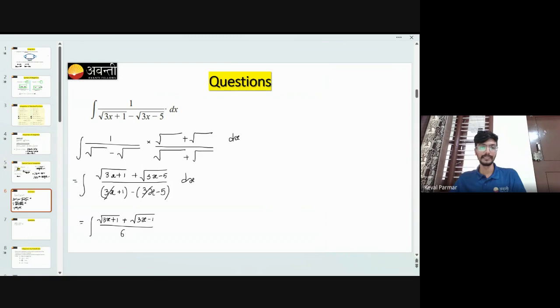And in the numerator, we will have under root of 3x plus 1 plus under root of 3x minus 5 dx. From the rules, what is the first rule? We can remove the constant outside. So that means it will be 1 upon 6 integration of, now the square root I can write as raised to half, 3x plus 1 raised to half plus 3x minus 5 raised to half.